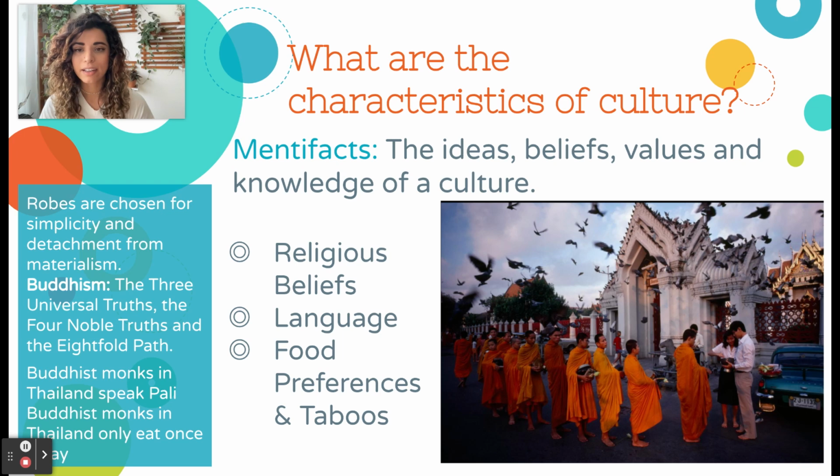That idea is a mentifact, whereas the robes themselves are an artifact. This is rooted in ideas of Buddhism with the three universal truths, the Four Noble Truths, and the Eightfold Path. So we see this mentifact of this belief system reflected also in their artifacts.